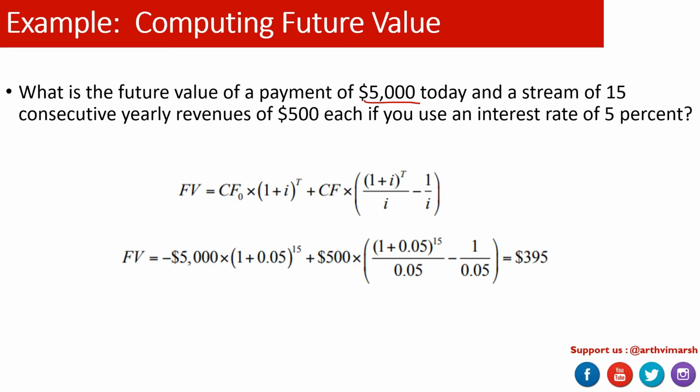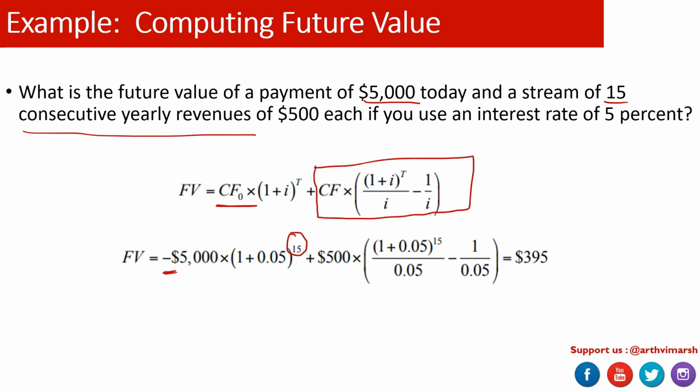So that's why the negative sign is there with the initial cash flow which went out, times the interest factor raised to the period, which is 15 here, because the stream of 15 consecutive years is there, plus the factor of the constant cash flows. So that's why we have used this expression here, and we get the answer here.